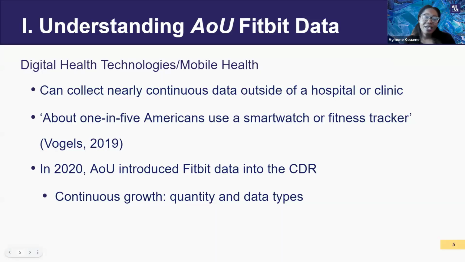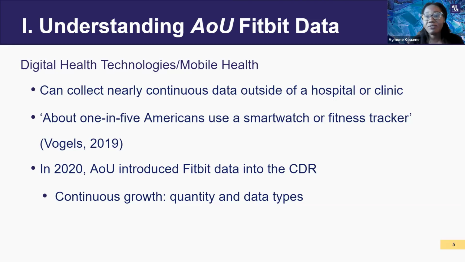Thank you. So a little background on why the Fitbit data can be useful for your research. The Fitbit data is part of the digital health technologies, which can collect nearly continuous data that is not available in a regular EHR system. As of 2019, about 1 in 5 Americans had a smartwatch or a fitness tracker.